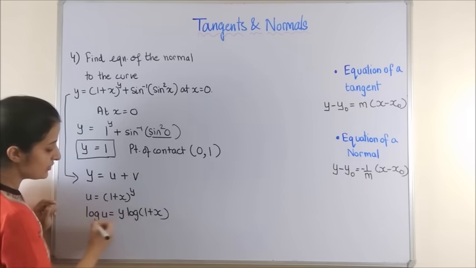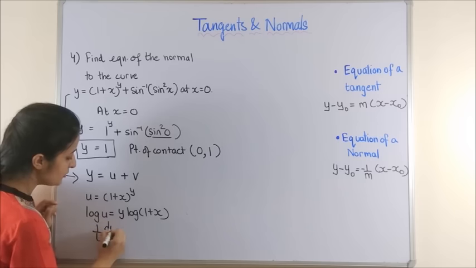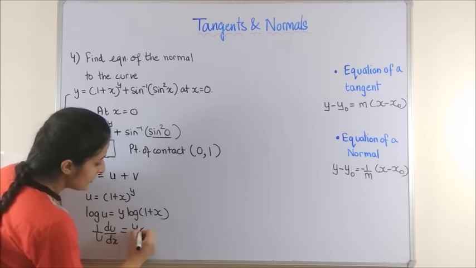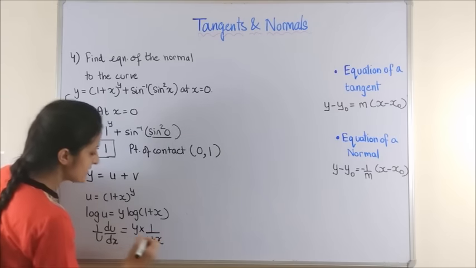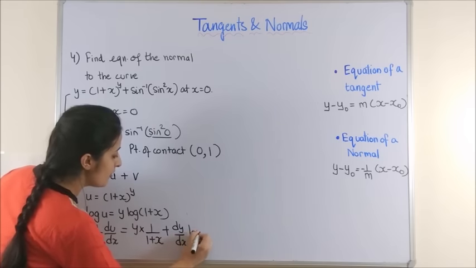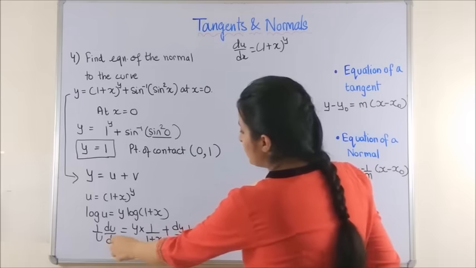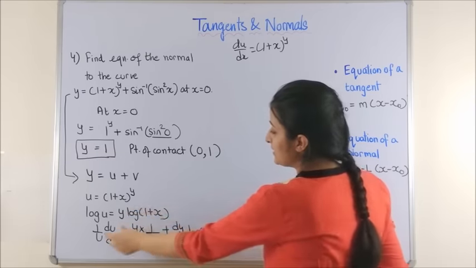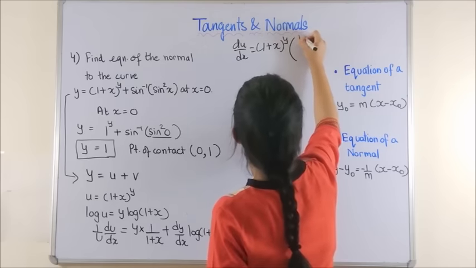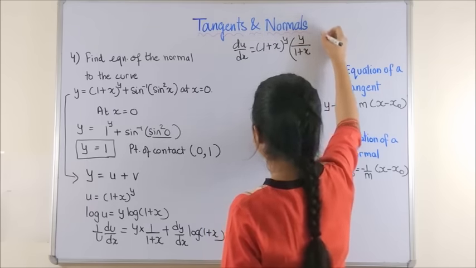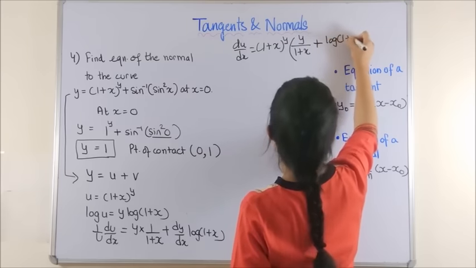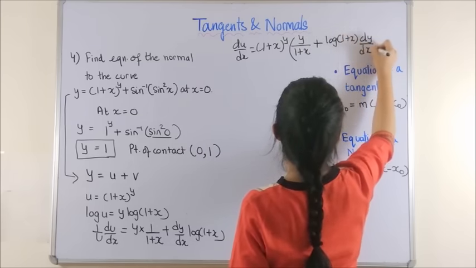Now differentiating both sides with respect to x, you get 1 upon u into du by dx is equal to y into 1 upon 1 plus x plus dy by dx into log of 1 plus x. So we get du by dx, if I cross multiply this u and replace it with the original function, into y upon 1 plus x plus log of 1 plus x into dy by dx.